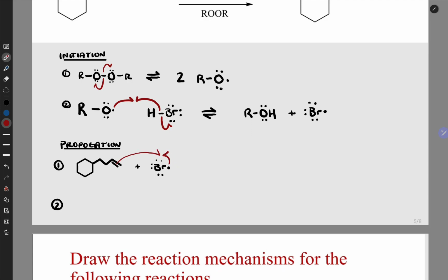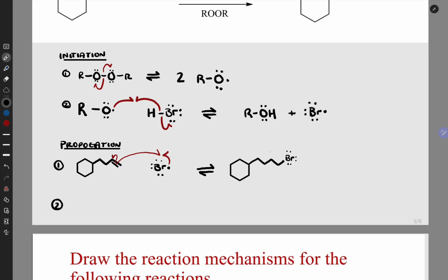We take this double bond and split up its electrons. And this will move to the end of the hydrocarbon chain.